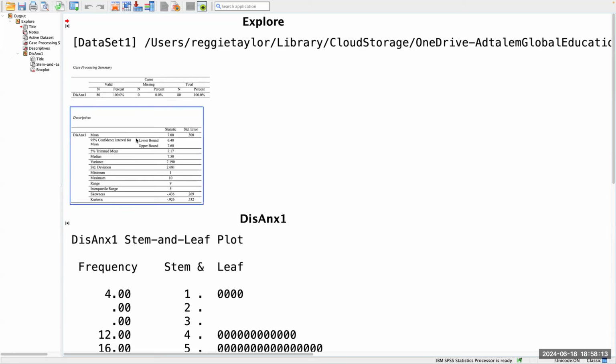So what we're saying here is that in the population, which we cannot sample them all, that value will be 6.4 at the lowest, 7.6 at the highest. Does that make sense to everybody now of how to run that and understand what the 95% confidence interval means? Okay, everybody good with that? It's as simple as that.